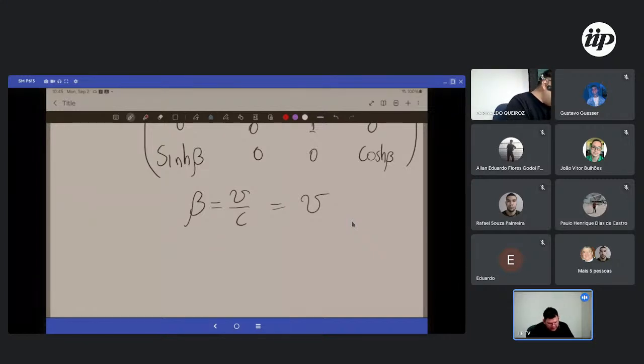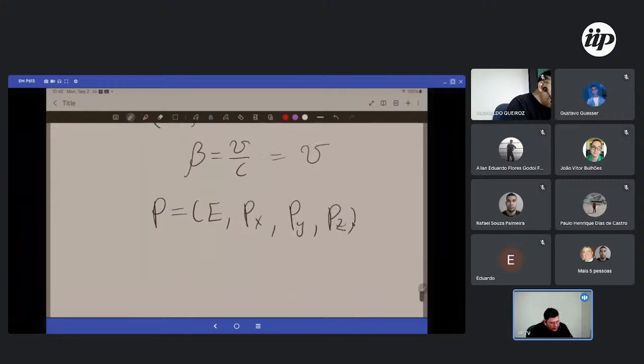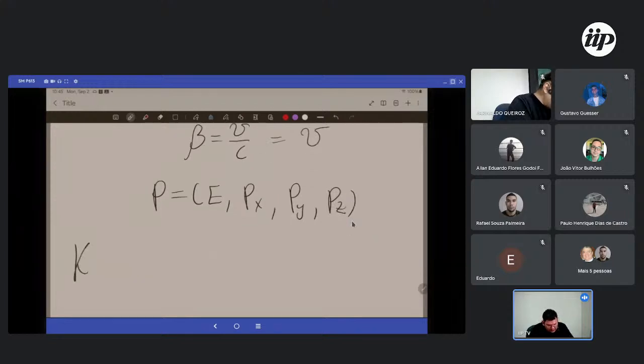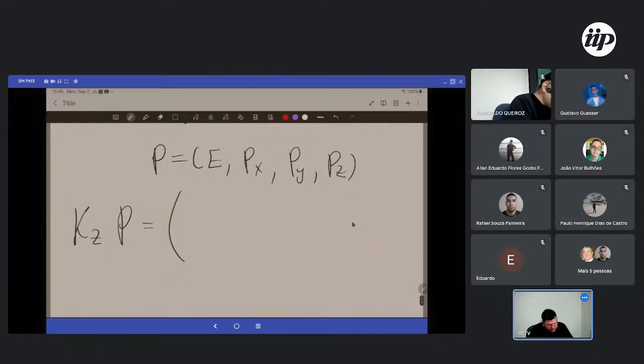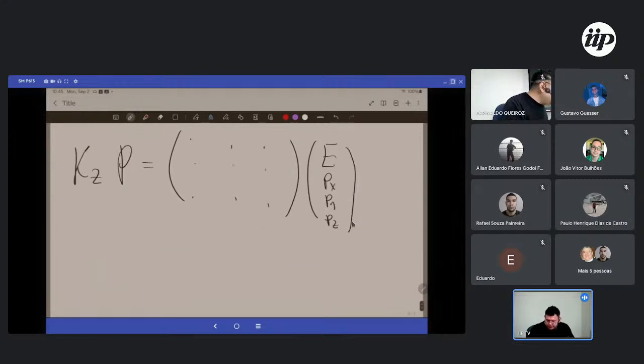If we have an arbitrary momentum, energy, px, py and pz, and we apply the same matrix to energy, px, py, and pz, we can show the following results, which are the relation between the parton reference system and the laboratory system.